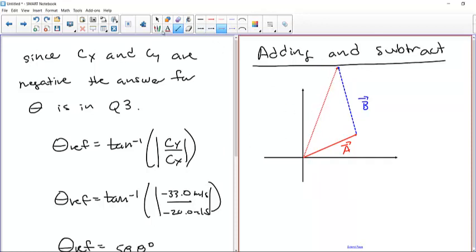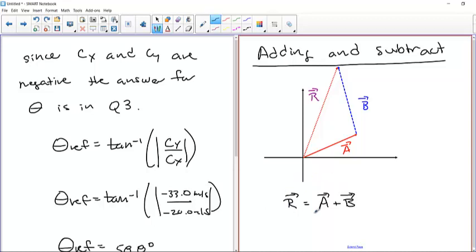So this is the resultant vector. Sometimes we use R for the resultant vector. So this is saying the resultant vector is equal to the A vector plus the B vector.